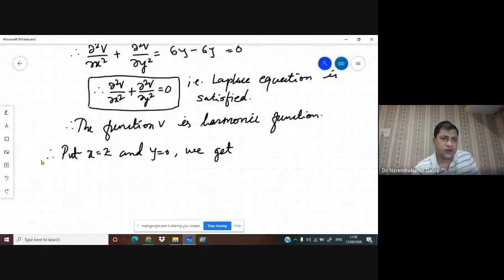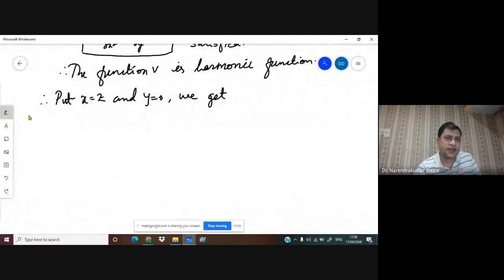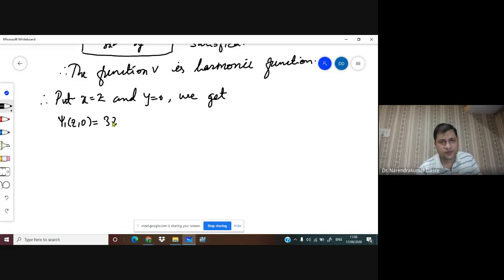So we get ψ1(z,0) = 3z² + 6z, and ψ2(z,0) = 0.